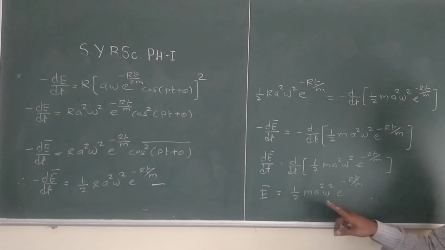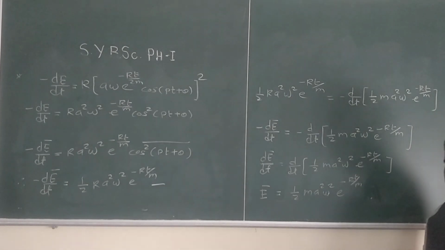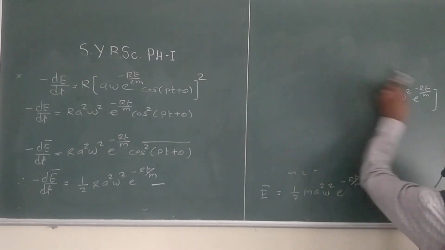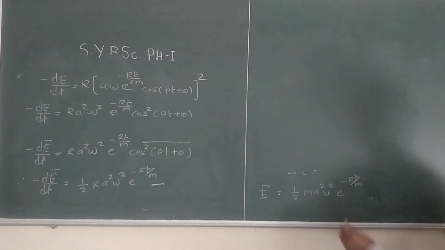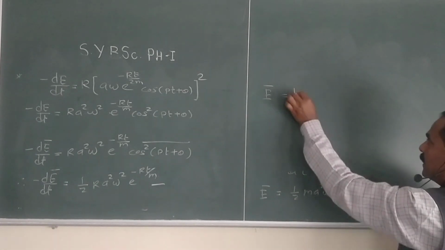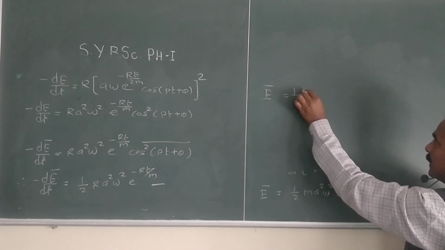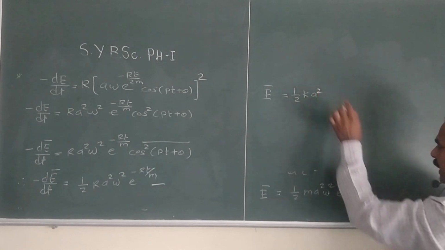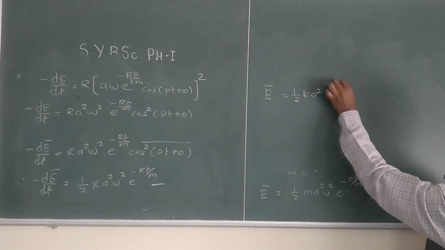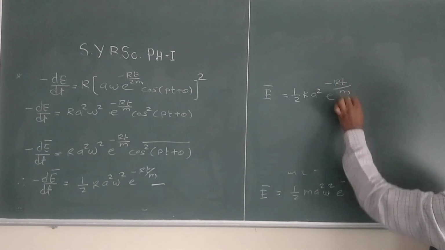Now we substitute m omega square as k, then we write the equation E average equal to half k a square e raised to minus rt upon m.